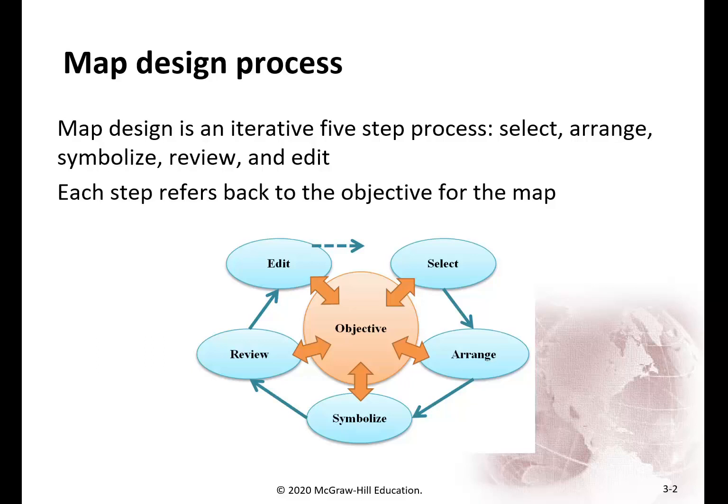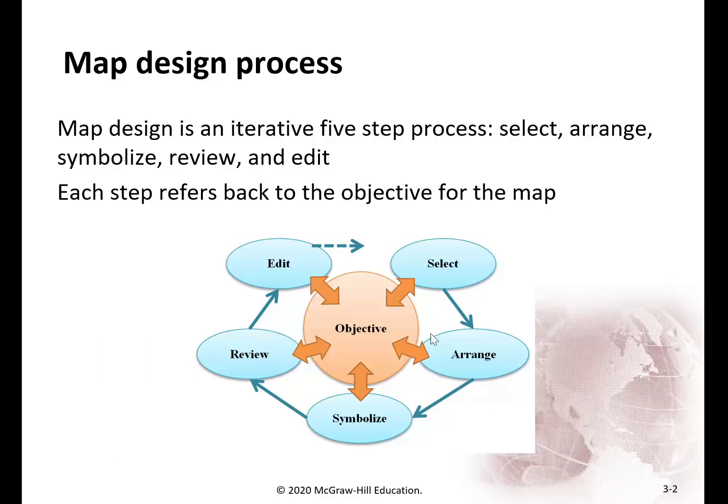So generally, we begin by developing a vision of the map's objective, and this vision will inform each step that goes on beyond that. So by selecting the data, arranging our map page, symbolizing the information, and reviewing the map, editing and improving it will help us to ensure that we are going to support the objective of our data in every possible way.